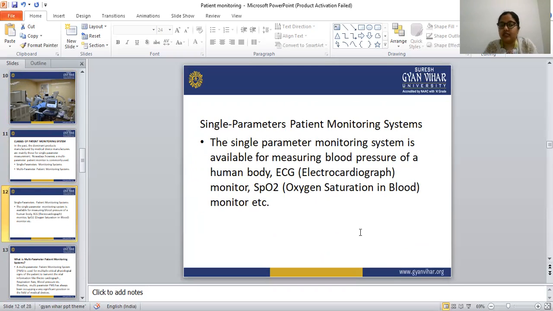In that database we can collect all the information about the patient monitoring system. In every hospital, pharmacy, and laboratory system, databases are available, where we can store all the information regarding the patient in a single place. So this is all about the patient monitoring system.